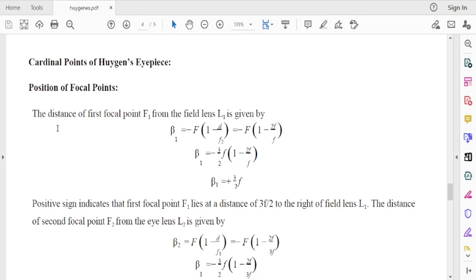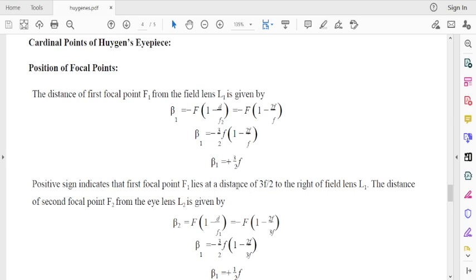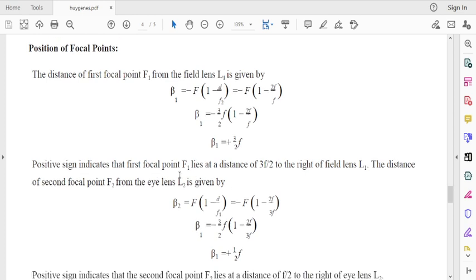Therefore, the distance of the first focal point f1 from the field lens L1 is given by this formula: beta equals minus f into (1 minus b upon f2), and putting the values, beta 1 equals 3f by 2. Here again the positive sign indicates the first focal point f1 lies at a distance 3f by 2.